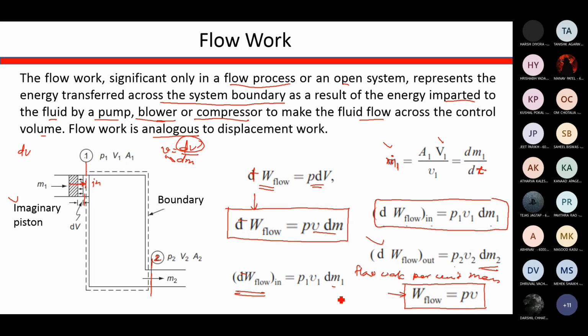This is flow work per unit mass. Remember this. This is per unit mass. So if your work is measured in, let us say, joule or kilojoule, then this work per unit mass will be measured as joule per kg or kilojoule per kg. So it is per unit mass. Remember this. Clear?